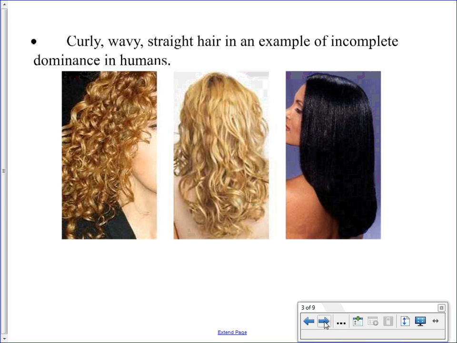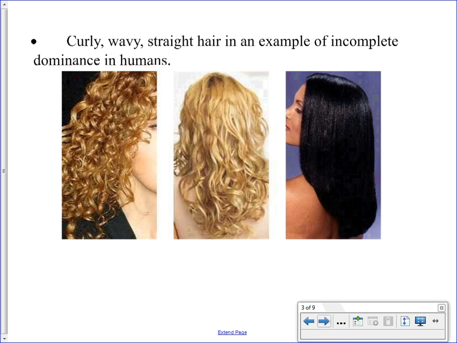We can also have incomplete dominance in humans, and one nice example of this is with hair. Whether hair is curly, wavy, or straight is determined by one single gene, of which there are 2 different versions. Again, one is not dominant over the other, so we can't use a capital and a lowercase letter.